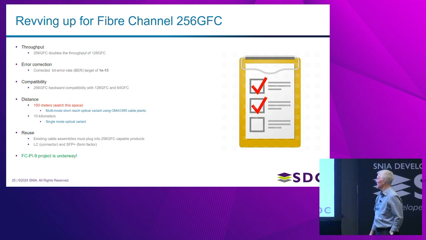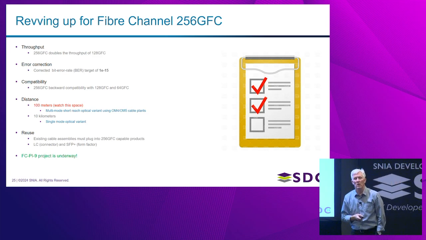And then the distance objectives are still the same. We want to be able to get 100 meters with OM4, OM5 cabling infrastructure, 10 kilometers with single mode, and then we want to be able to have the connectors that operate at 256 gig to also be backwards compatible with the other connectors.